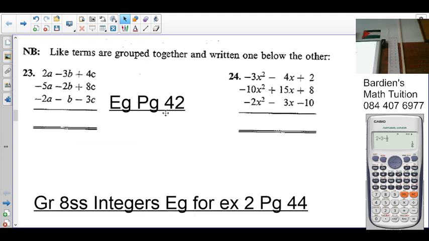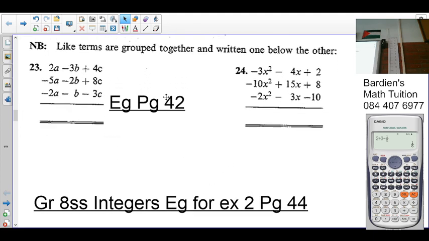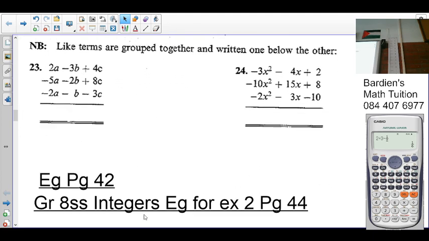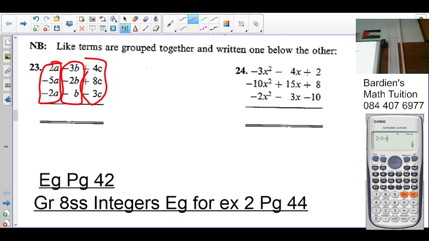Here we are told in this sum, in B, very important to note, like terms are grouped together and written one below the other. So let's look here. What we notice, all the a's are together, and the b's and the c's and so on. Not so? The a's in. Right. What's 2a minus 5a? Negative 3a.